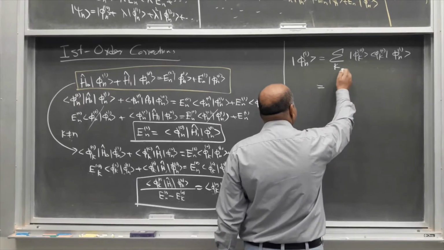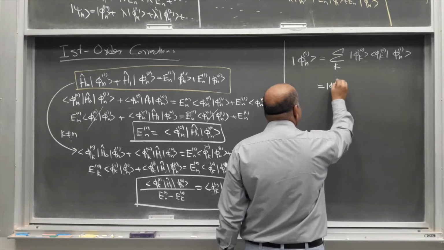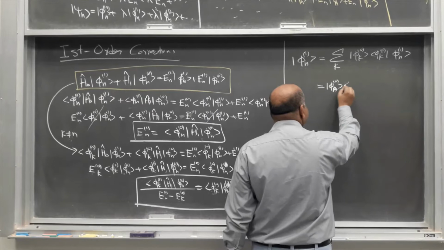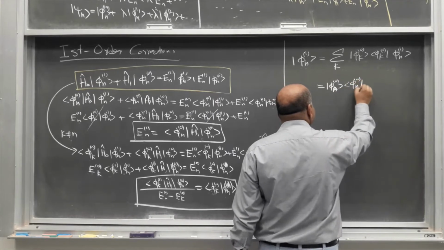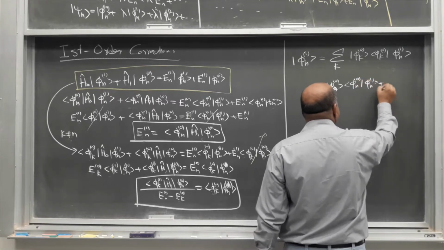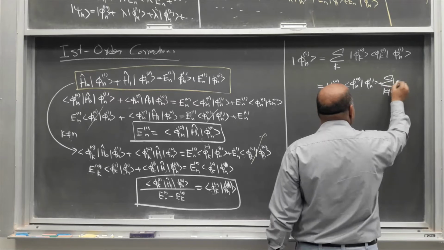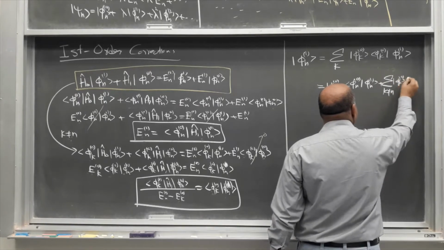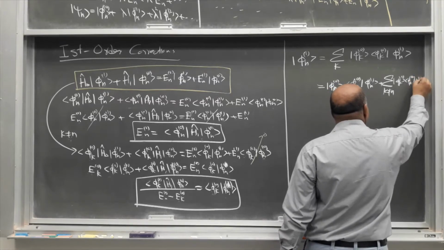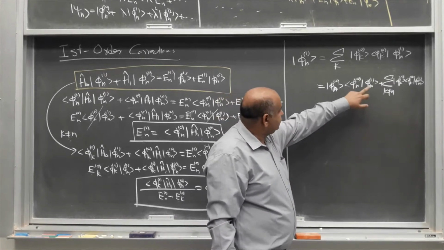But if I take the k equal to n term out of this sum, I get phi n0 times the inner product of phi n0 with phi n1, plus the sum over k not equal to n of phi k0 times the inner product of phi k0 with phi n1.